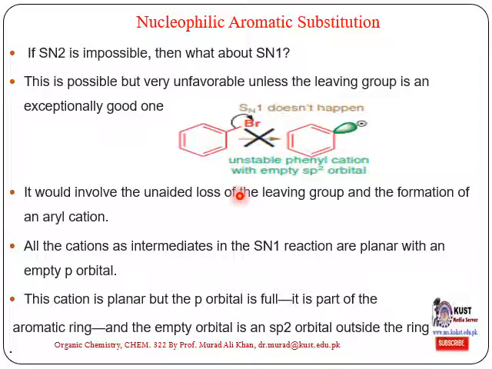If SN2 is impossible, then what about the SN1 reaction? This is possible but very unfavorable unless the leaving group is an exceptionally good one. Theoretically it is possible, but it is very rare and will occur when the leaving group is exceptionally good.